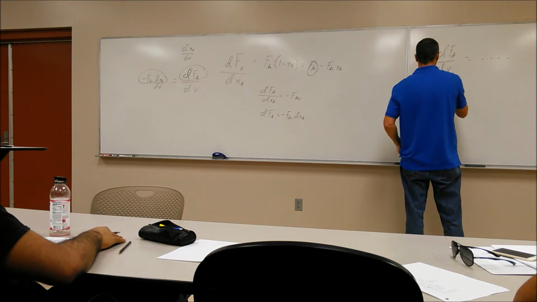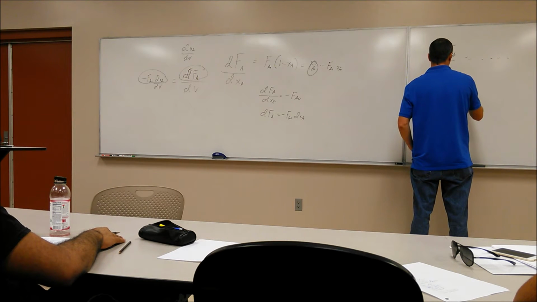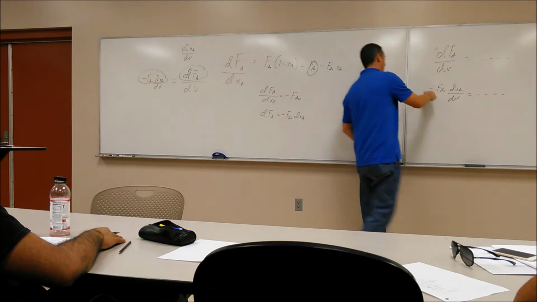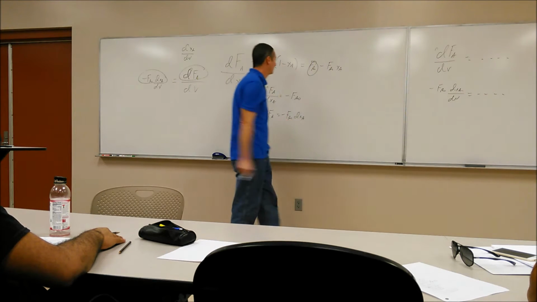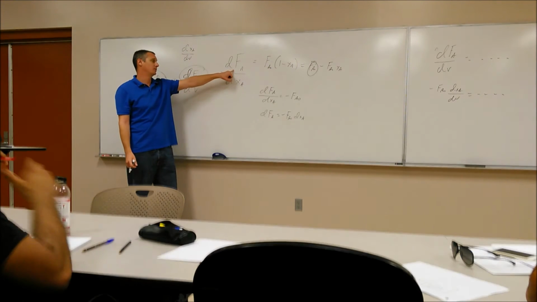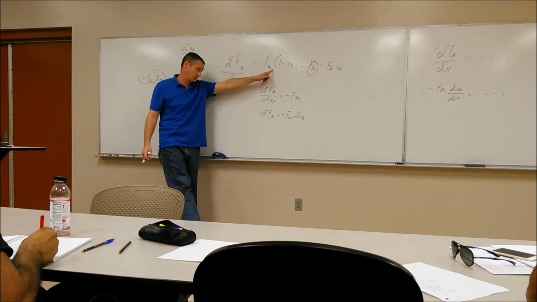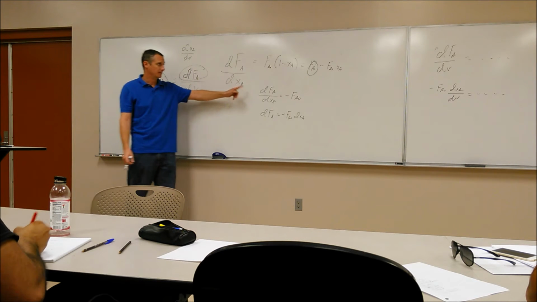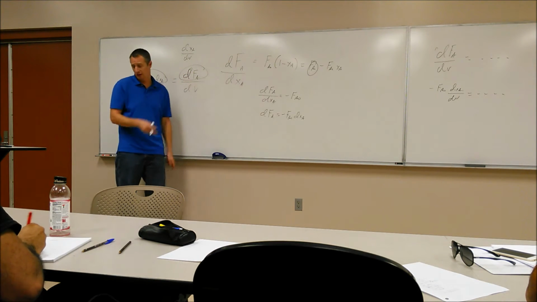Next line you see minus FA naught dXA/dV equals something something something. You'll know where that negative FA naught came from. It came from the derivative of this equation, or the derivative of FA represented by this equation with respect to XA. So you're going to do that a bunch.